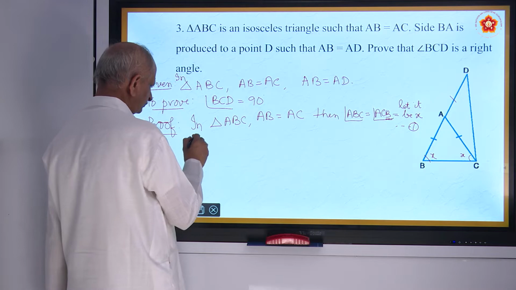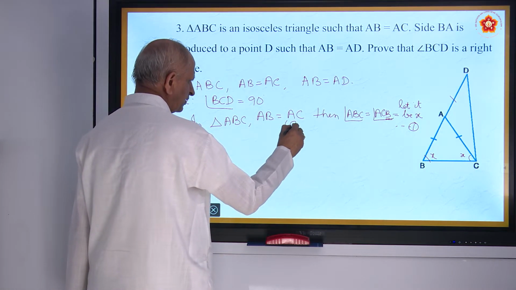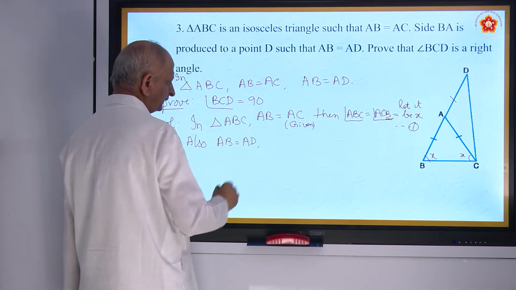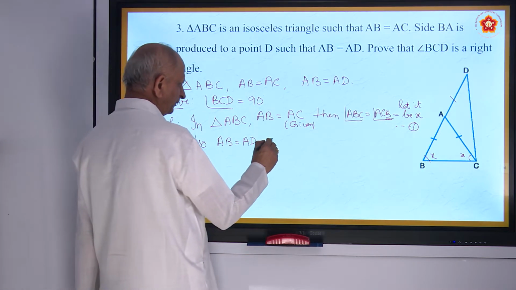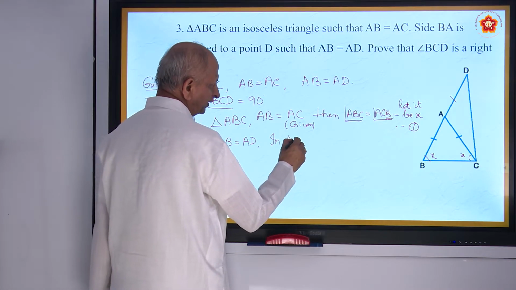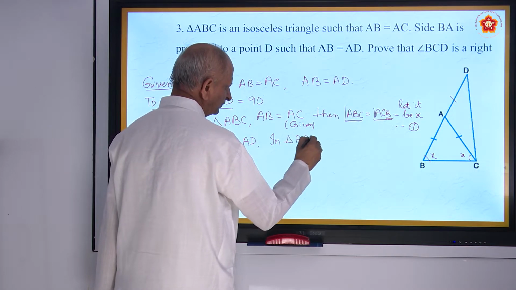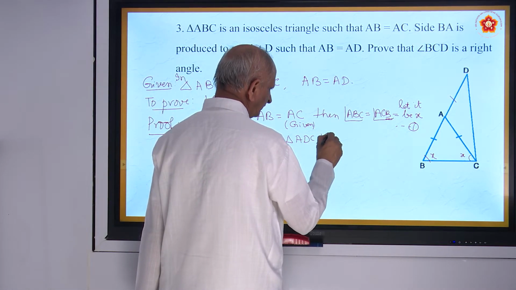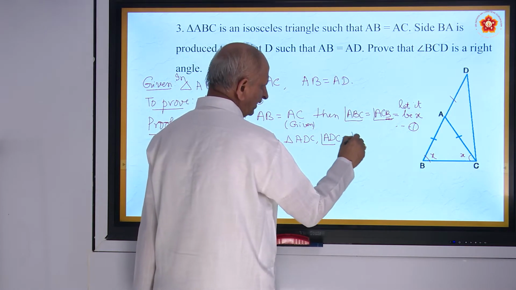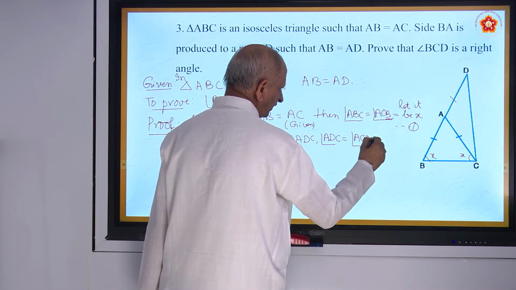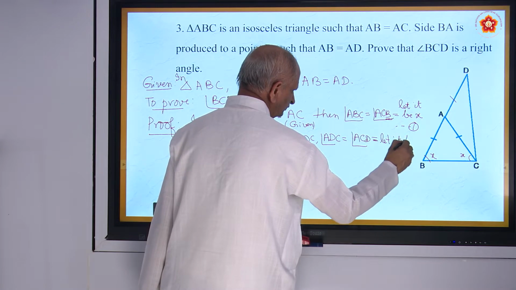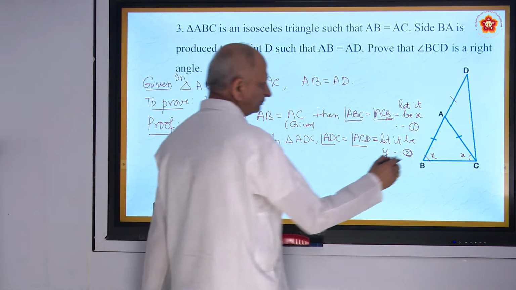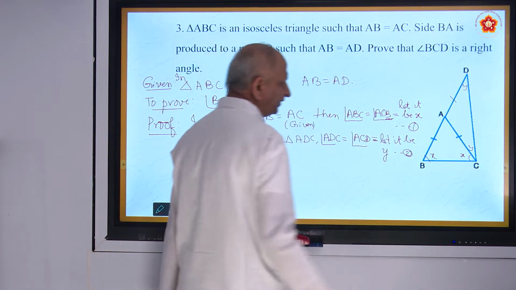Also you have, this is given, also you have AB is equal to AD, therefore in triangle ADC, you have angle ADC is equal to angle ACD, let it be Y. Why must you take it like that?